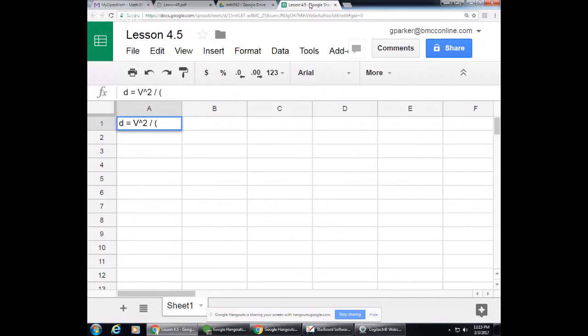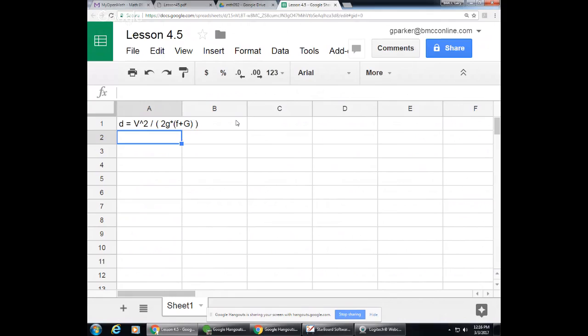In the denominator, I'm going to have a 2 times little g, and then that's going to be multiplied by another parentheses, where we take the friction coefficient and add it to the road grade. Those two combined have an effect on the stopping. And then close the denominator. Put some spaces in here to try and make it a little more readable. So that's our formula in a straight line.